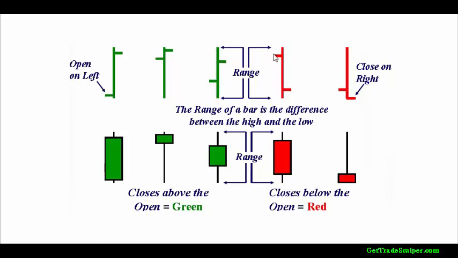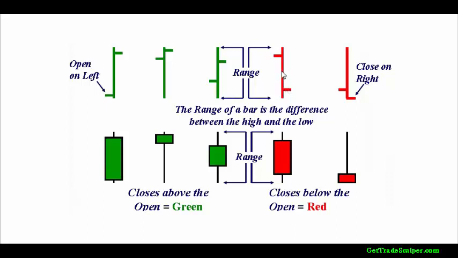Now, the reason why one's painted green as opposed to red: the closing price was above the open price. See here? Open, close, open, close, open, close. Now here, you have an open, a high, a low, and a close.